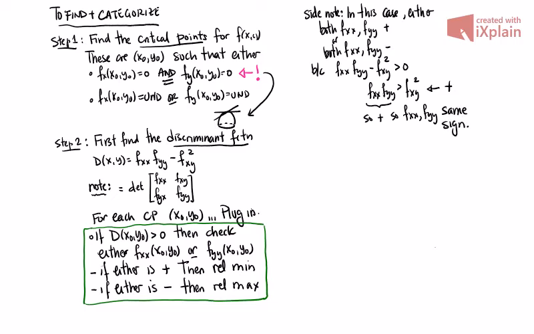So in this case, when the discriminant's positive, both f sub xx and f sub yy will have the same sign. They'll either both be positive or both be negative. So that's why you can check whichever one you like, whichever one is easiest, right?